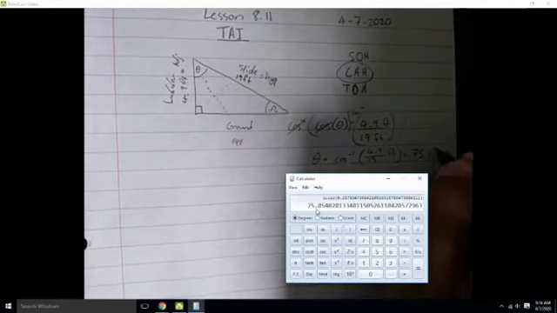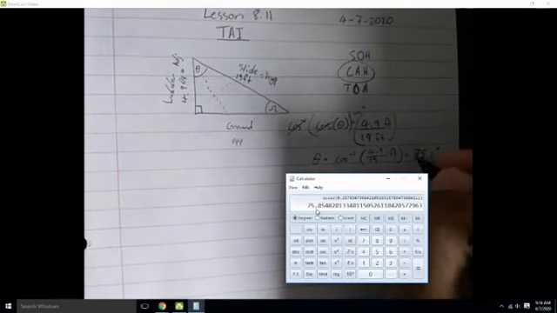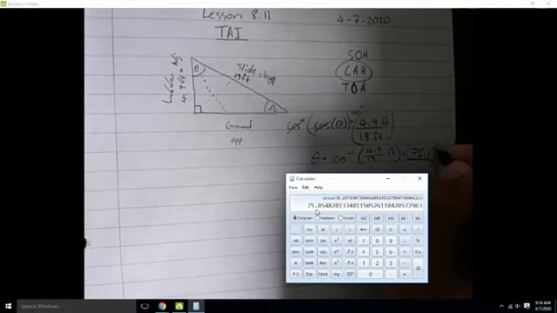Okay, 75.1 degrees, rounding to the nearest tenth. So that would give us the first one.